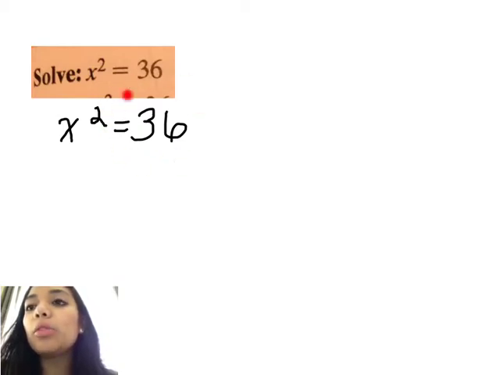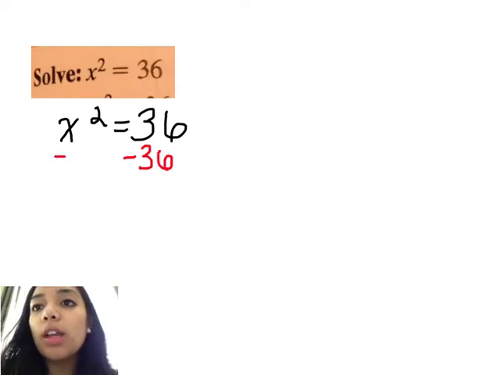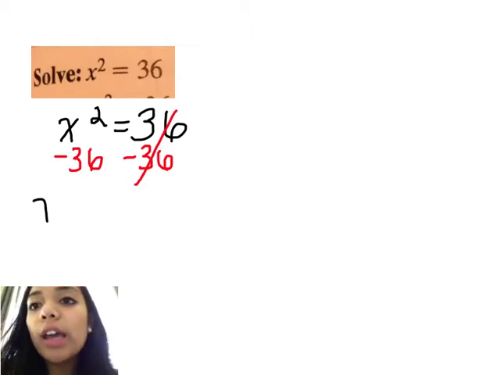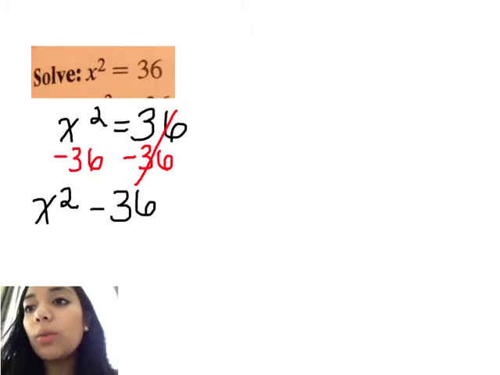So that means I need to move over the 36. How do I do that? Well, it's a positive 36, so I subtract 36 on both sides, and this goes away, and all I have left is x squared minus 36 on this side equals 0.